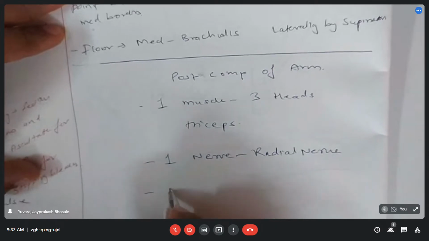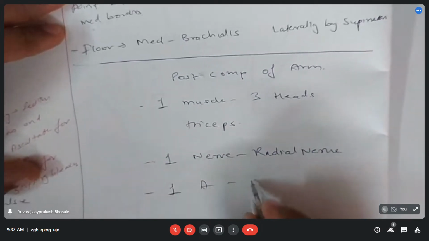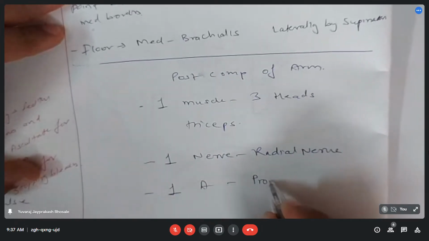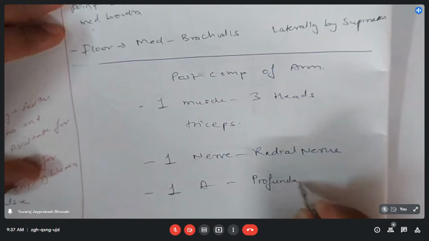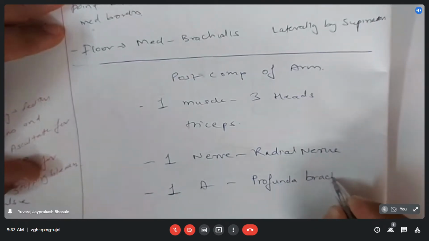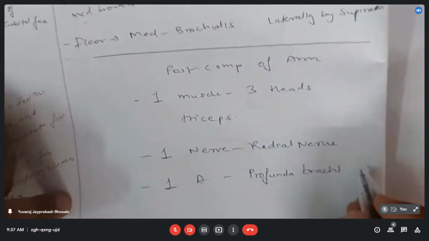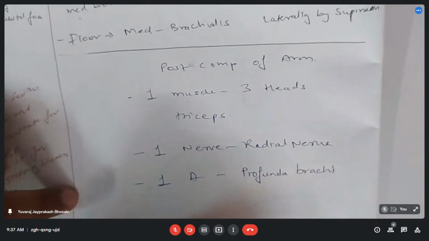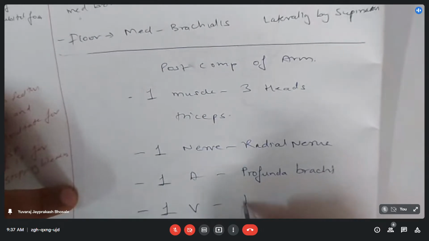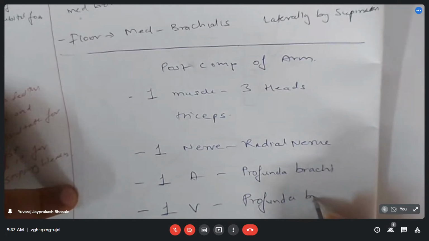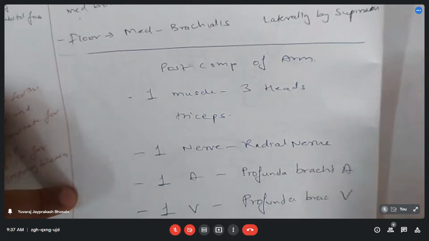And we see one artery, and the name of that artery is profunda. Profunda means deep. Profunda brachii. Brachium is the region which we are studying, the arm. It arises from the brachial artery. And we see one vein over here, the profunda brachii vein.